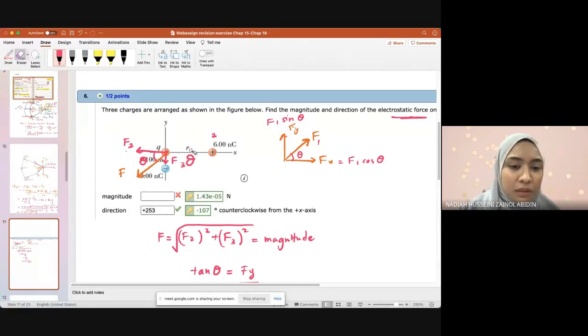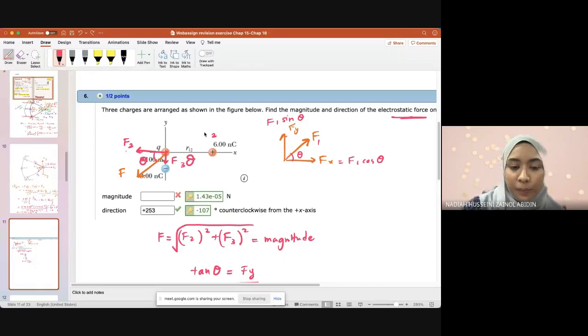Because the way you calculated the theta was using values from F2 and F13, right? So it should be between these two as well. If you got the theta answer but it's over here, but F12 is not over here, so how is the theta over here, right? So the theta should be in the region of your forces.